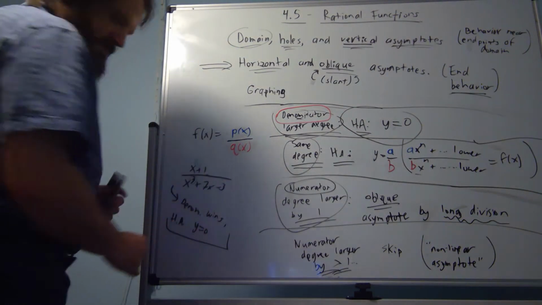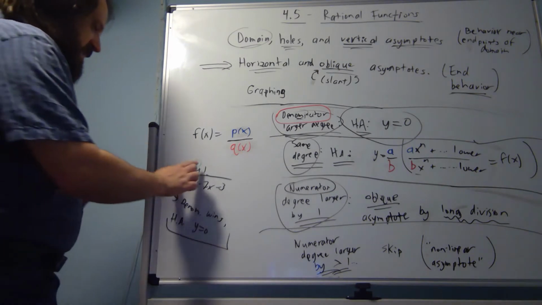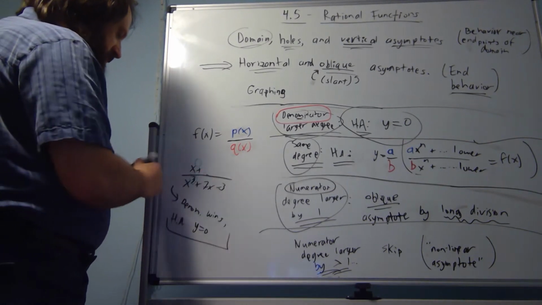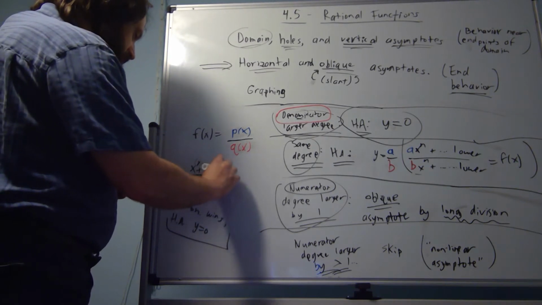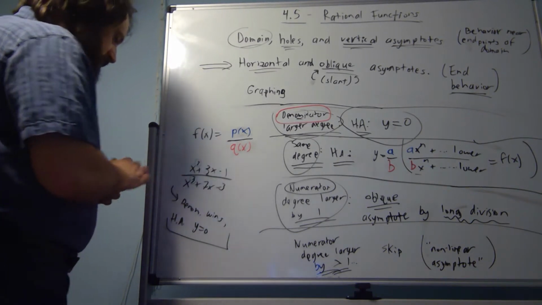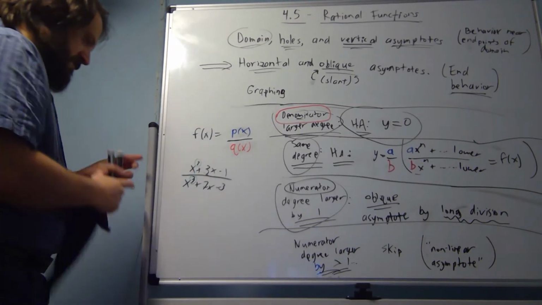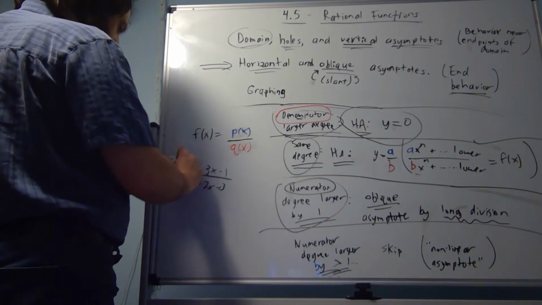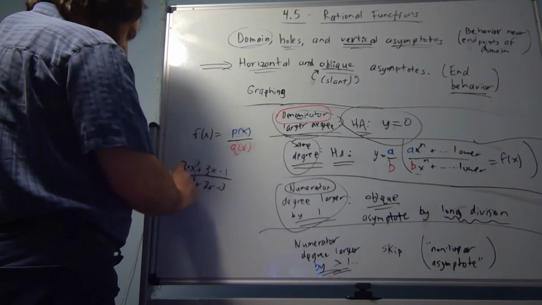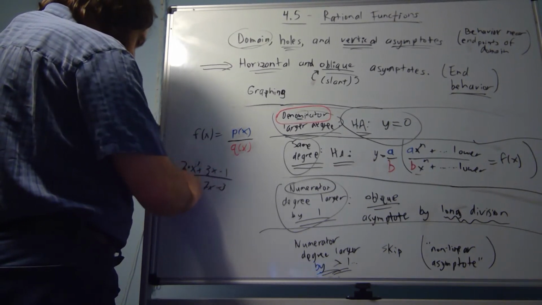If the numerator and the denominator have the same degree, so what if instead I had x cubed plus 3x minus 1? Let me throw in a 2 here as a coefficient, and maybe put a 5 down here.